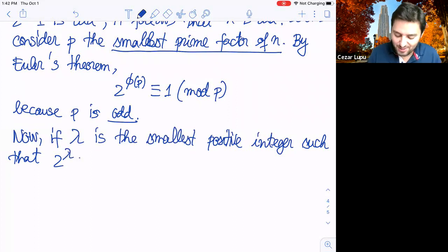Anyway, is 1 mod p, but I'm not saying what it is.